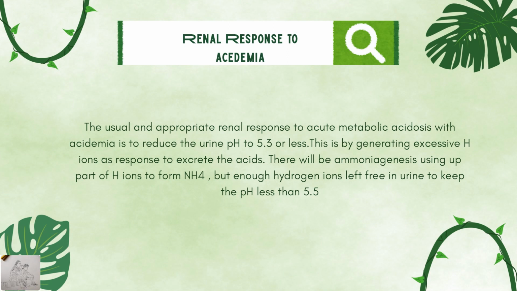This process of ammonogenesis uses up hydrogen ions. However, there are free hydrogen ions still left to keep the urine pH less than 5.5. Thus, in summary, in a metabolic acidosis, when there is an appropriate response by the kidney, you expect the urine pH to be less than 5.5.